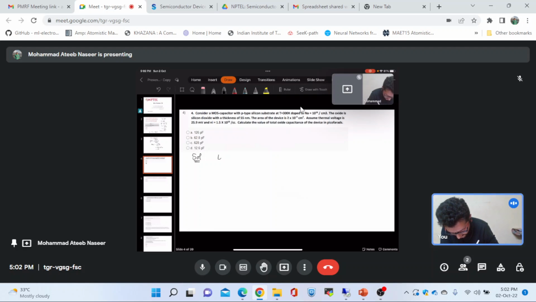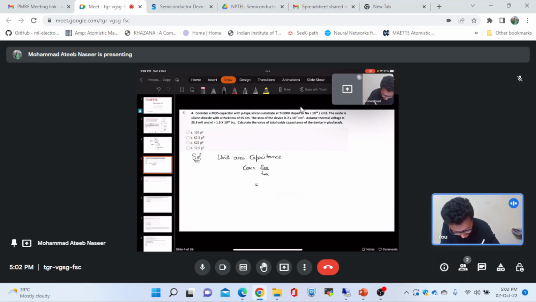We know the unit area capacitance is simply given by epsilon ox divided by the thickness of the oxide, t ox.